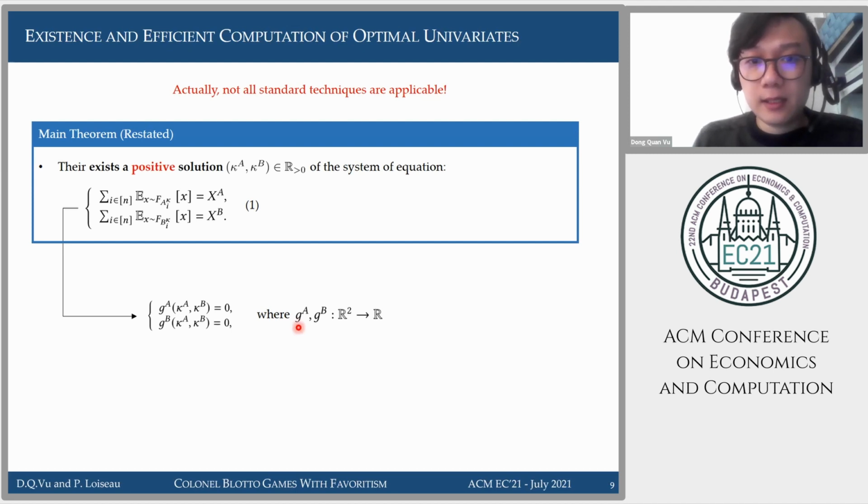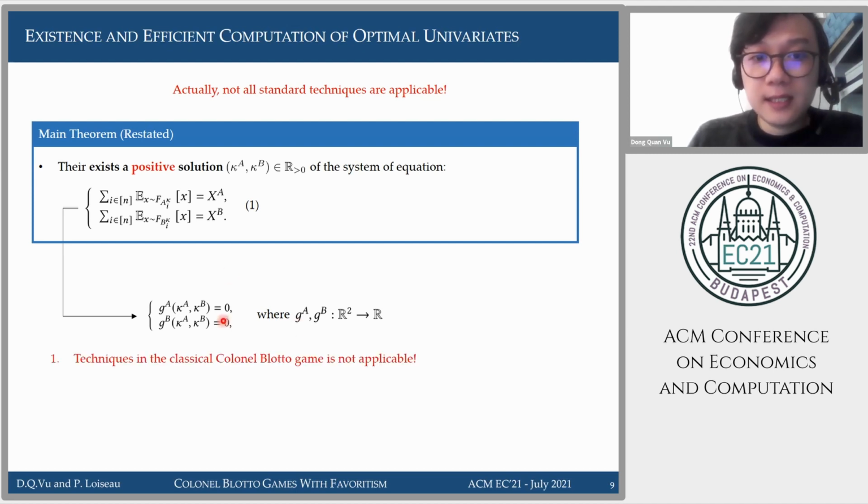In the classical case, this system will collapse. There are some tricks to make this system collapse to one equation with one variable, and we can use the intermediate value theorem to prove the existence of the solution. However, this trick will not work in our case because of the presence of the parameters representing the favoritism.